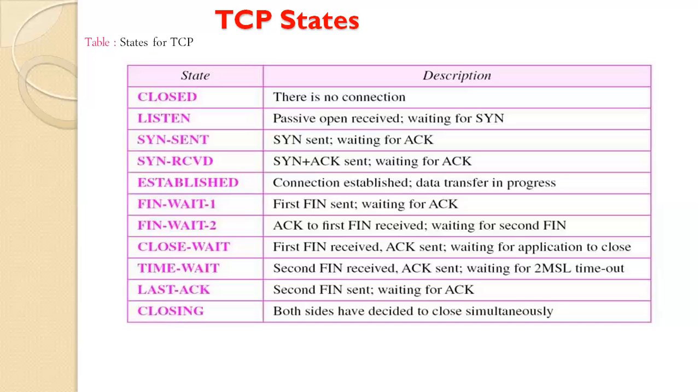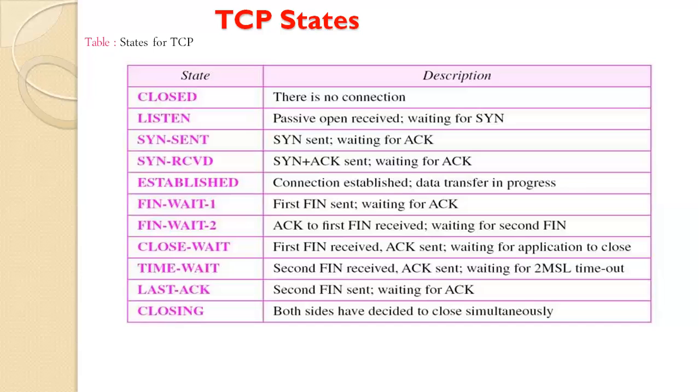The FIN wait one state means that the application has finished, the application has said it is finished, so the first FIN is sent and it is waiting for acknowledgement.